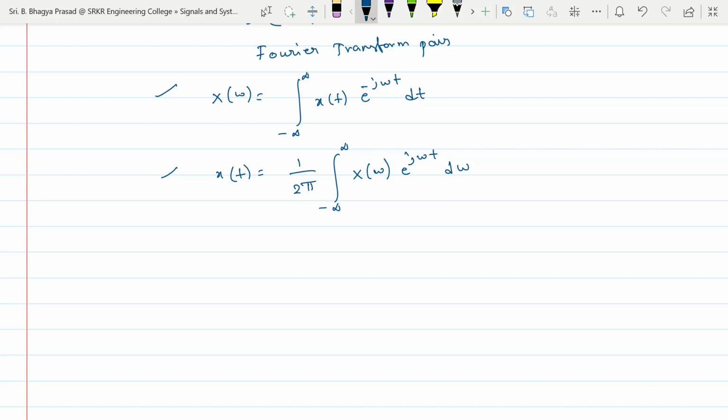In any transform we start with the Fourier transform of delta t. So what is the Fourier transform of delta t? We solve this using the expression X of omega, which is the integral from minus infinity to infinity of delta t e power minus j omega t dt.